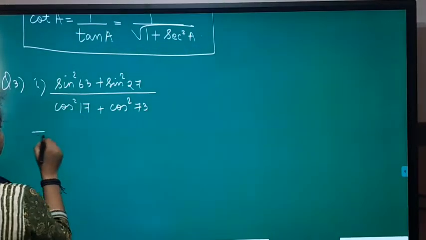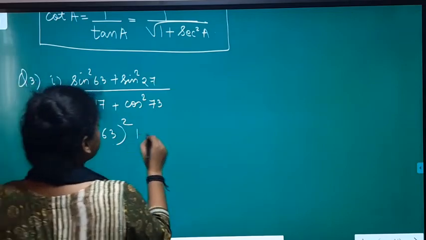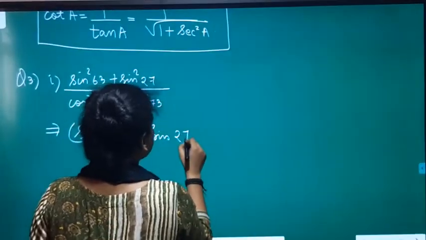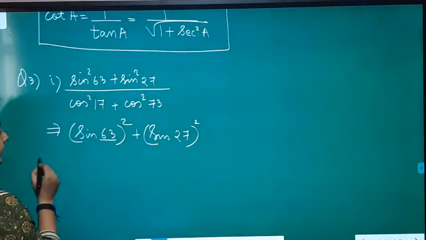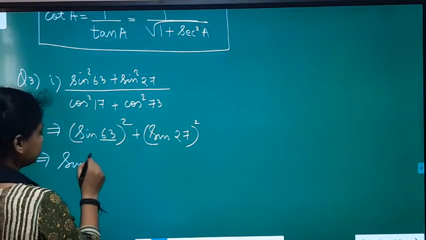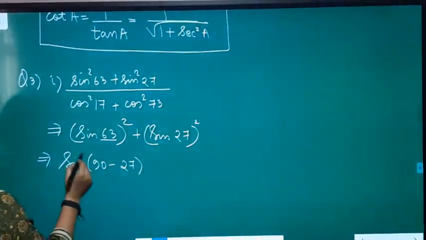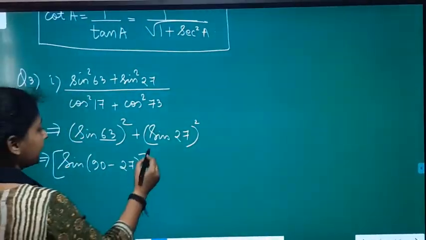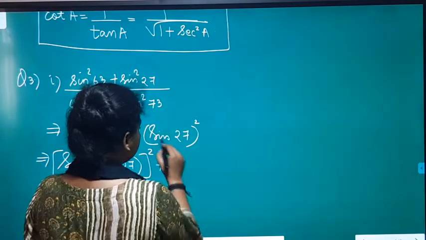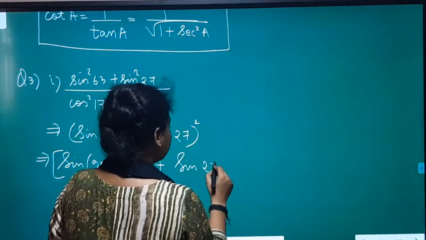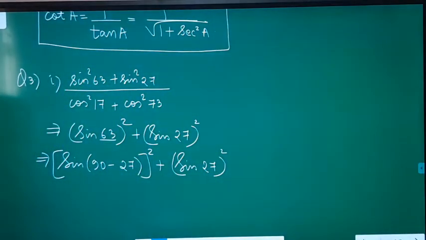We can write this as sin 63 whole square plus sin 27 whole square. Now see, 63 can be written as 90 minus 27. So this will be sin 90 minus 27 whole square, and we can keep this value as it is, sin 27 whole square. This was for the numerator.